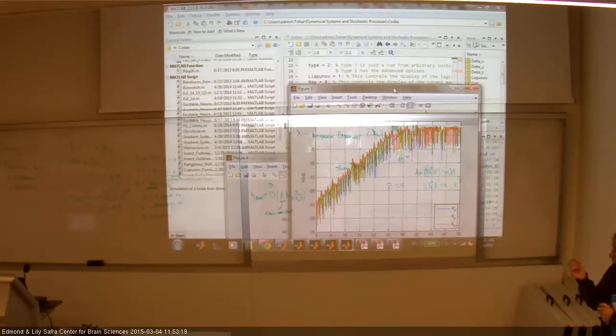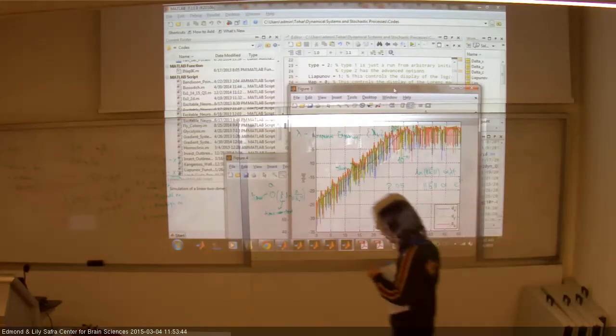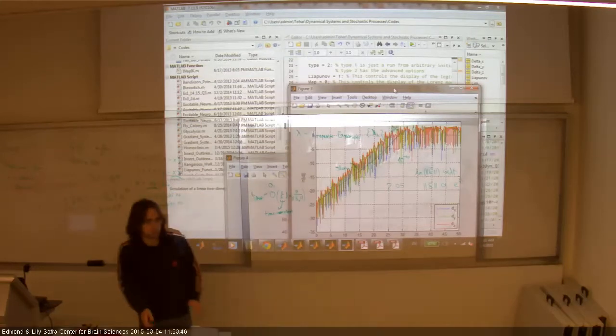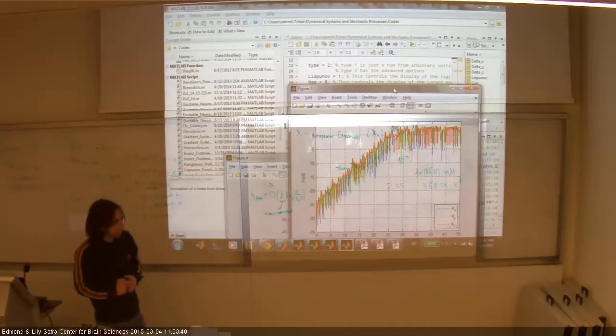Because in my simulations, I don't take dt equals 1. I take dt equals 10 to the minus 4 or so. Each dt is a step in the numerical simulation, and I try to make it as small as possible, remember, as if it's not discrete, exactly.